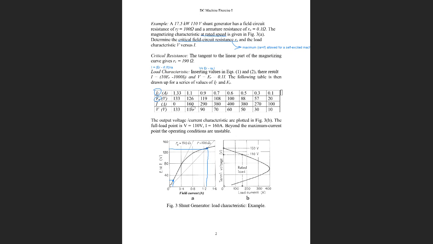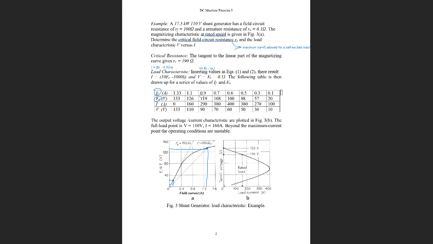With 160 amperes and the internal generated voltage of 126, you can get the terminal voltage V, which is smaller than 126, about 110. So that's this one.